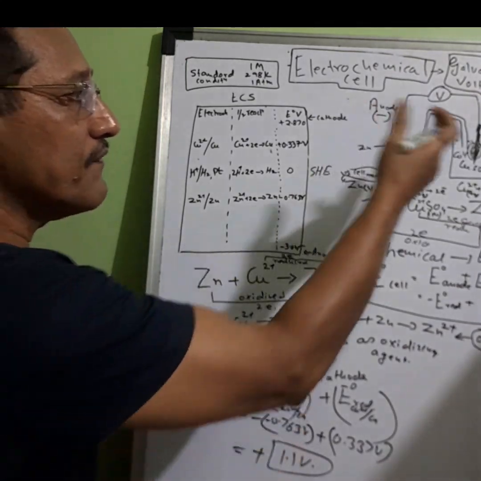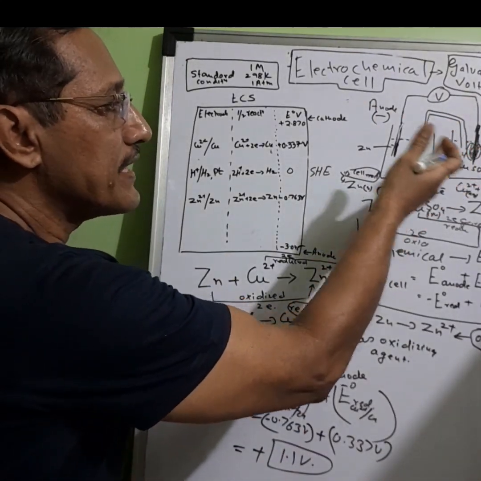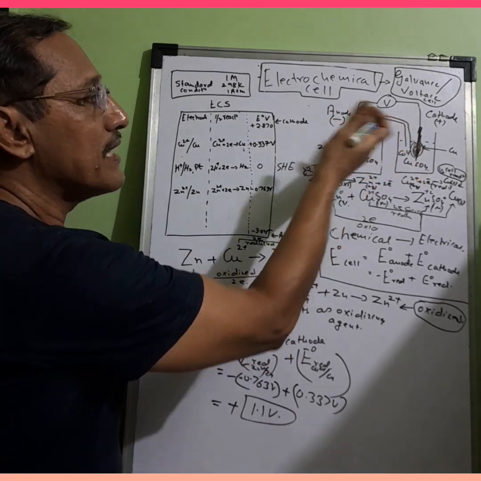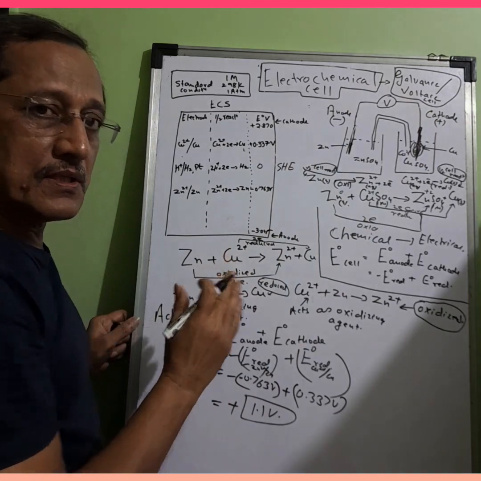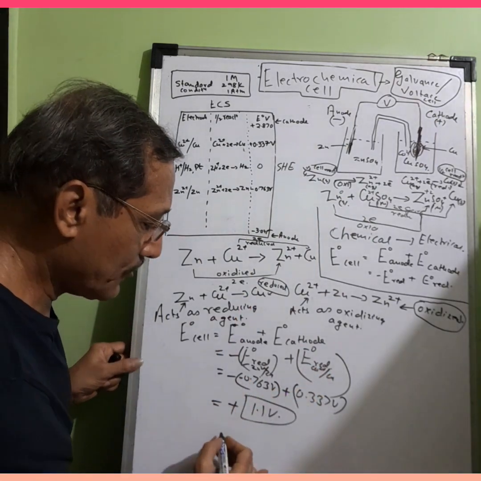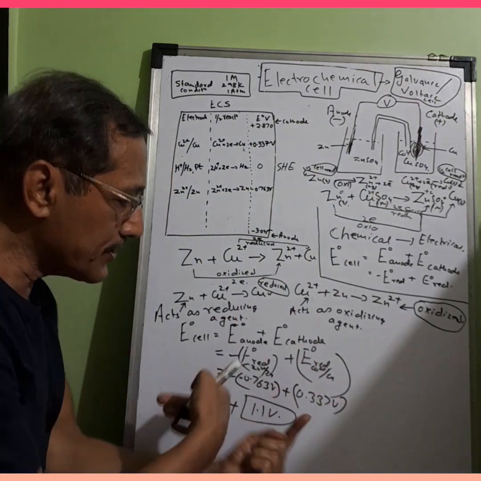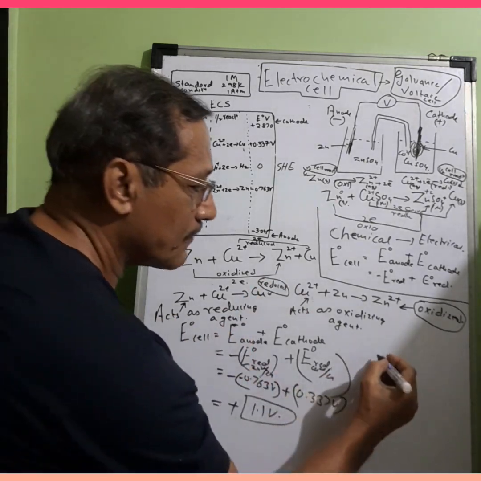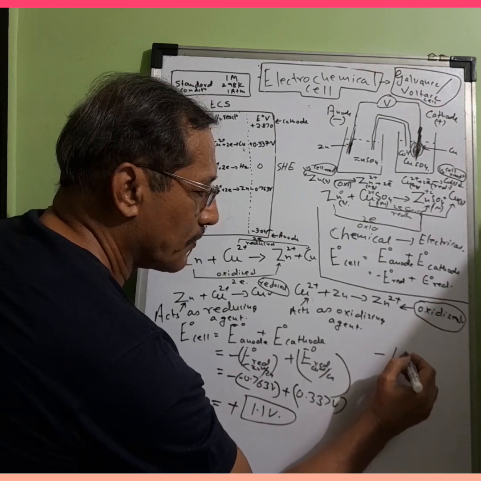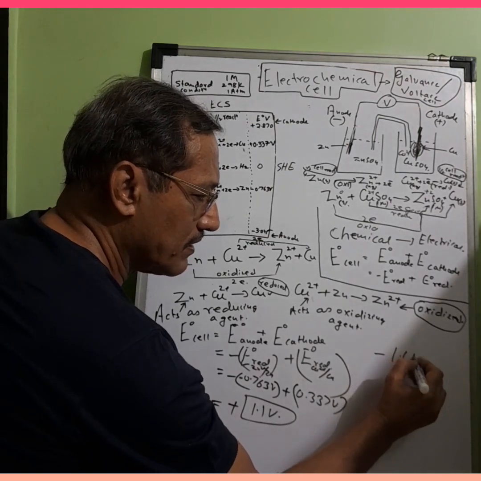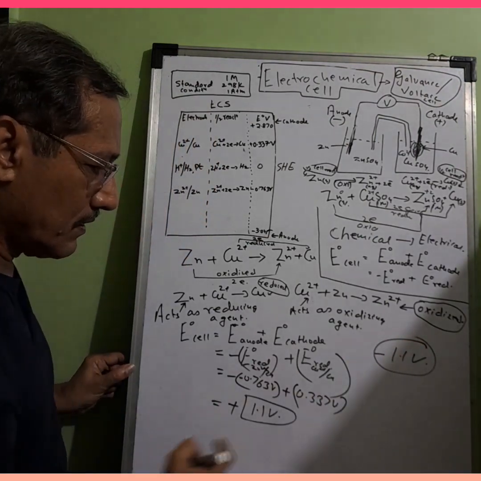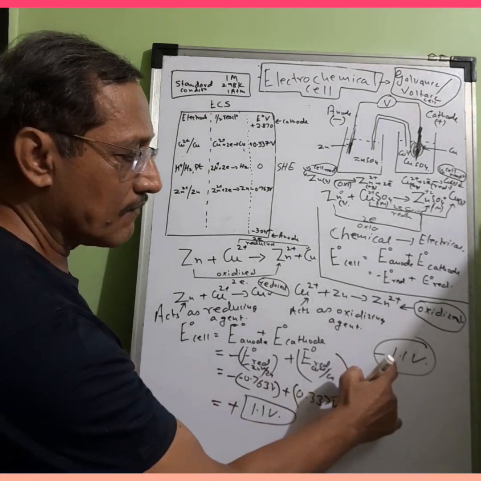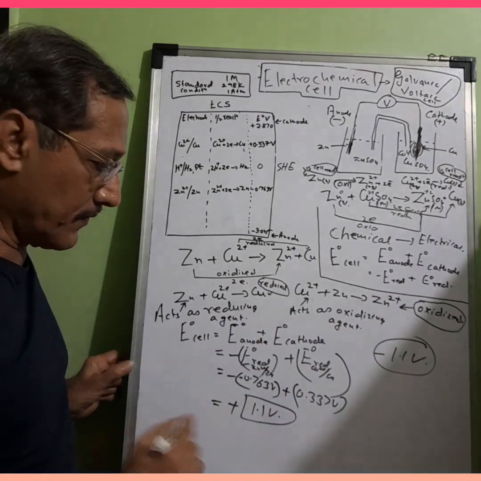Now suppose that instead of taking zinc as anode, we had taken copper as anode and zinc as cathode. Magnitude wise we would have got the same value, but it would have been minus 1.1 volts.